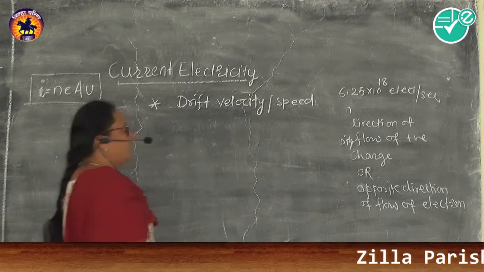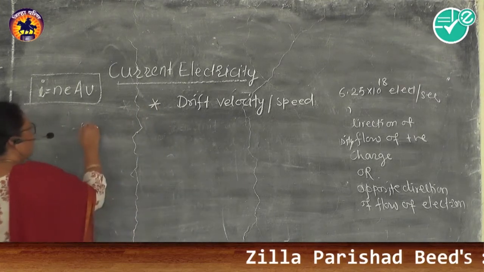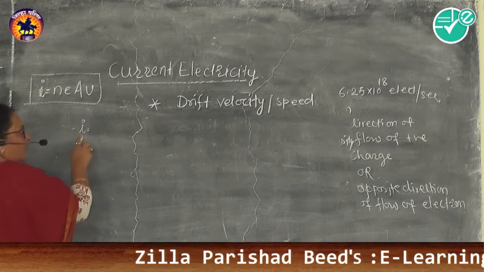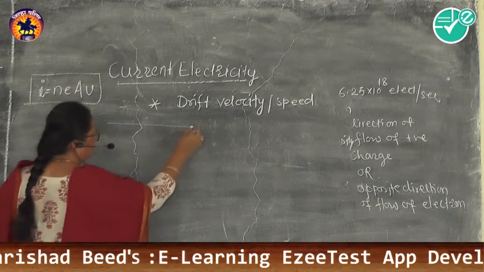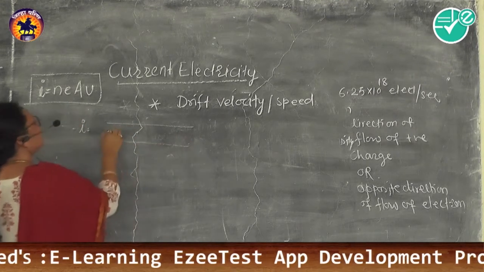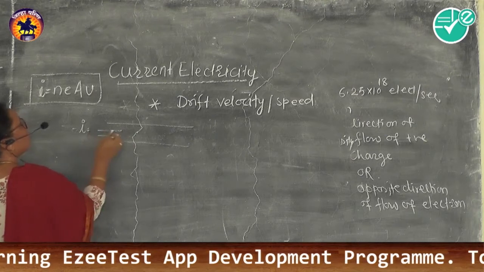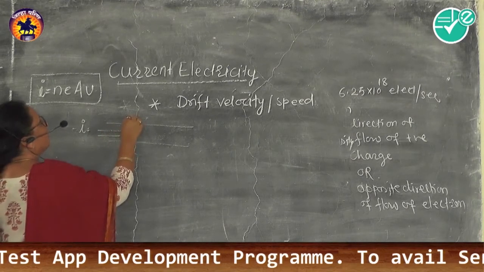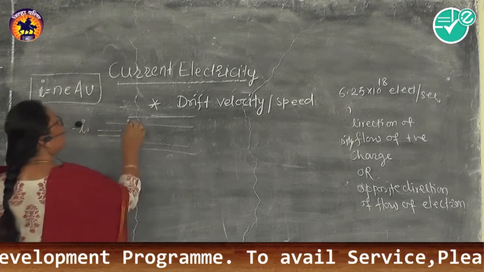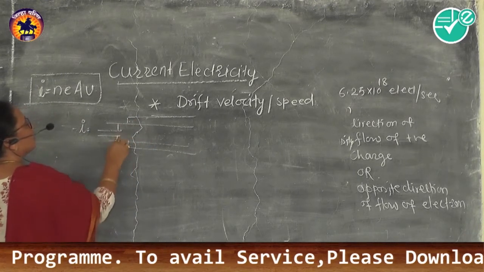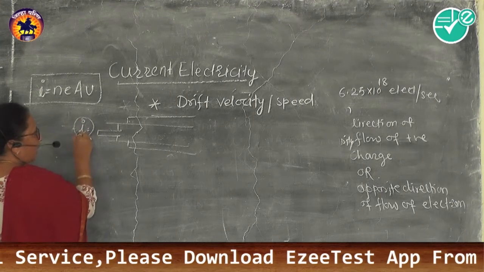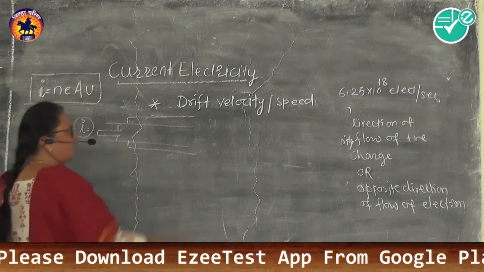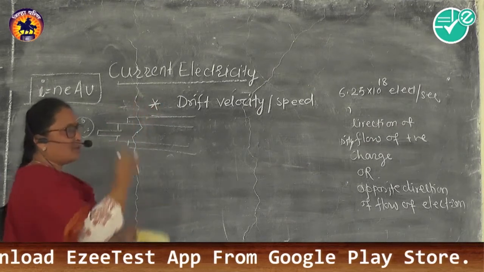One thing we have to again remember: in case of current I, if we use the same conductor with different areas of cross section, you may notice that the value of current I does not depend on the area of cross section, whether it is large or small.